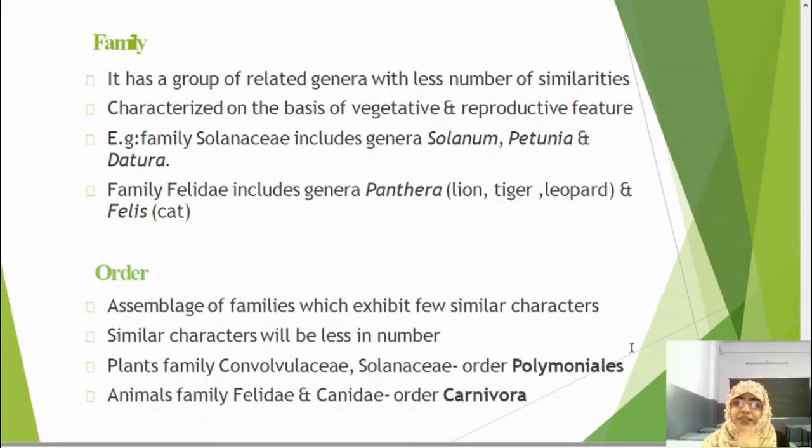Whereas, one more category you can see is Sapindales. Sapindales is the category which is also present alongside the Solanaceae family, which also consists of the Convolvulaceae and Solanaceae families. So Polemoniales is the order which comprises Solanaceae and Convolvulaceae.